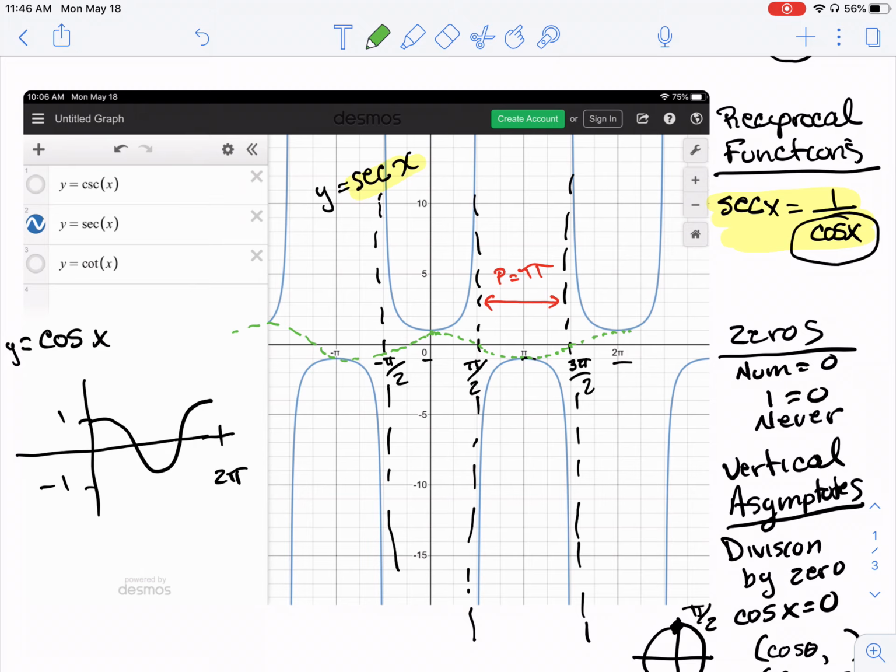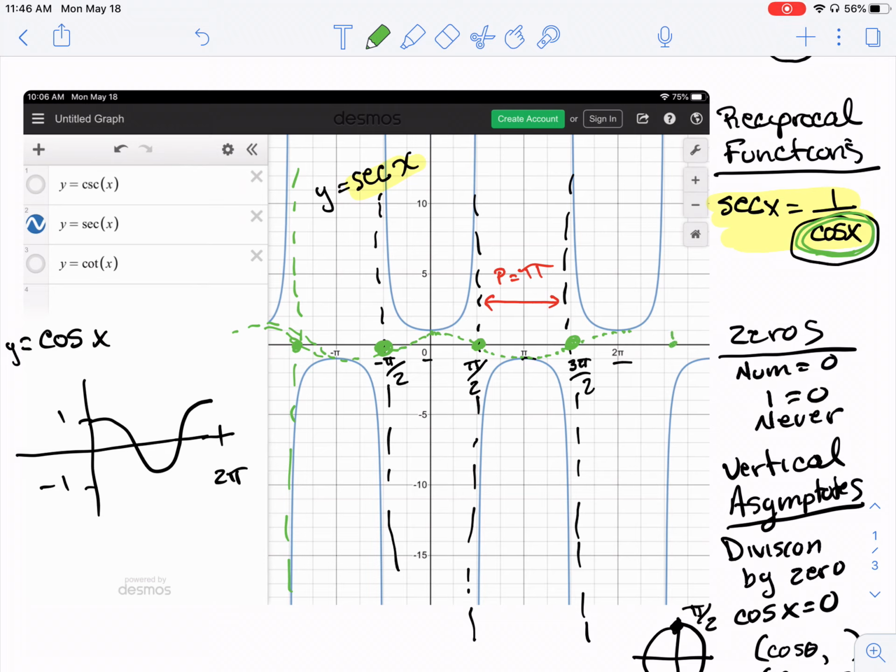There's a point where the cosine wave crosses the x-axis. There's a point. Those are my zeros. And the places where my cosine value is 0 cause division by 0, so that's how I locate my vertical asymptotes.